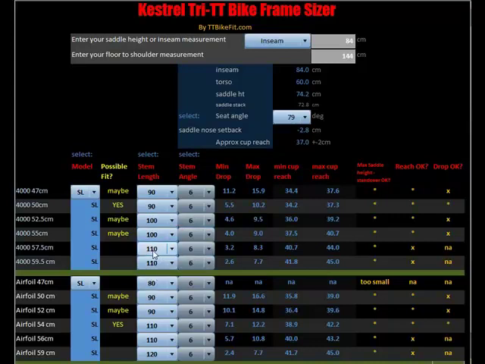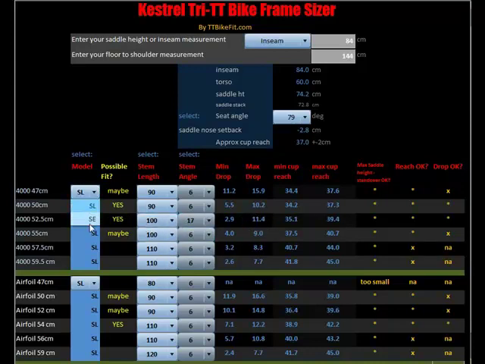So for instance, if you are looking at a 4000 and you know that your drop needs to be, say, 12 centimeters or so, you could be looking at this and you see there's a maybe, and you can see that the maximal drop isn't going to get you there. Well, let's try a 17 stem, which is a flat stem, and then we're down to 11.4 centimeters, so that's close.